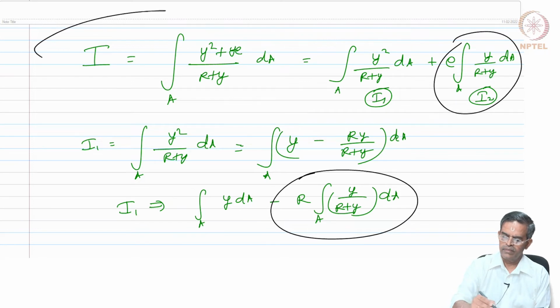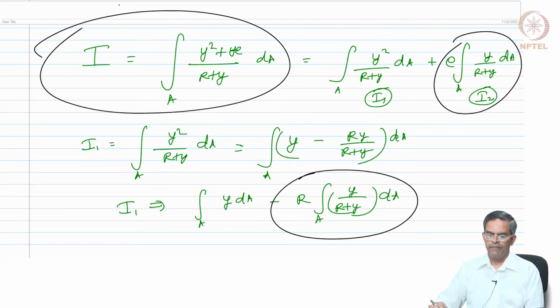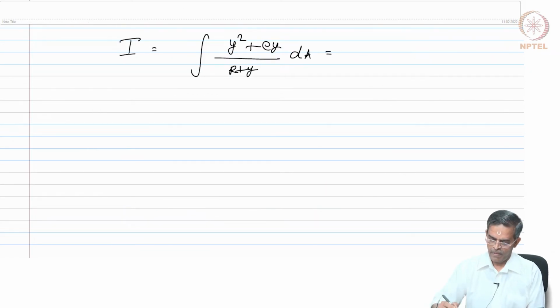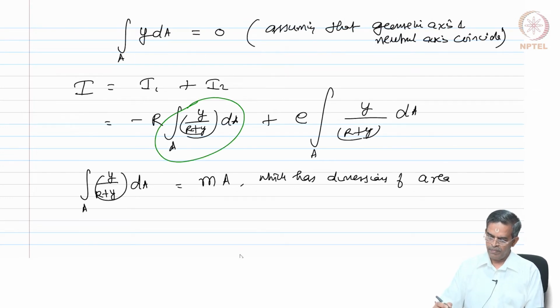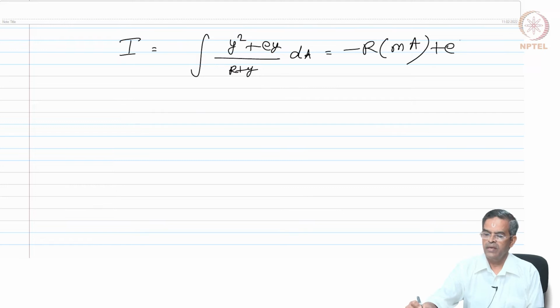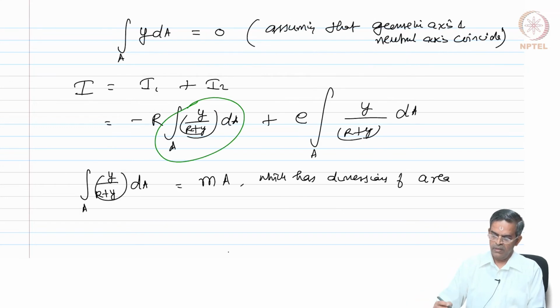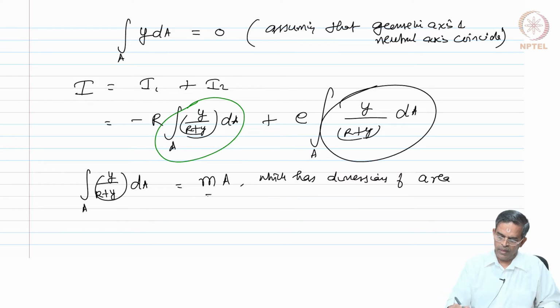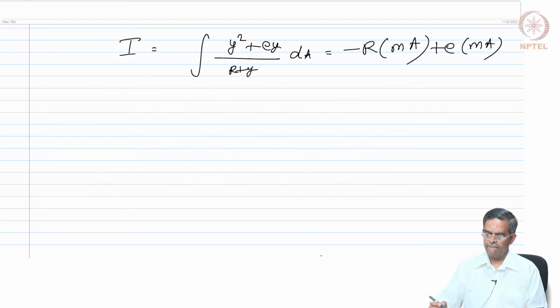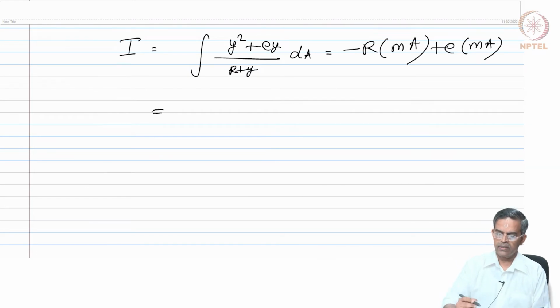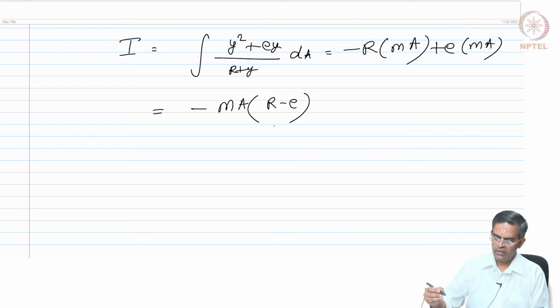This can now be expressed as minus r of MA plus E of MA. Can I say that? Because this is also MA. So, now I can say this integral is minus MA times R minus E, equation 12.